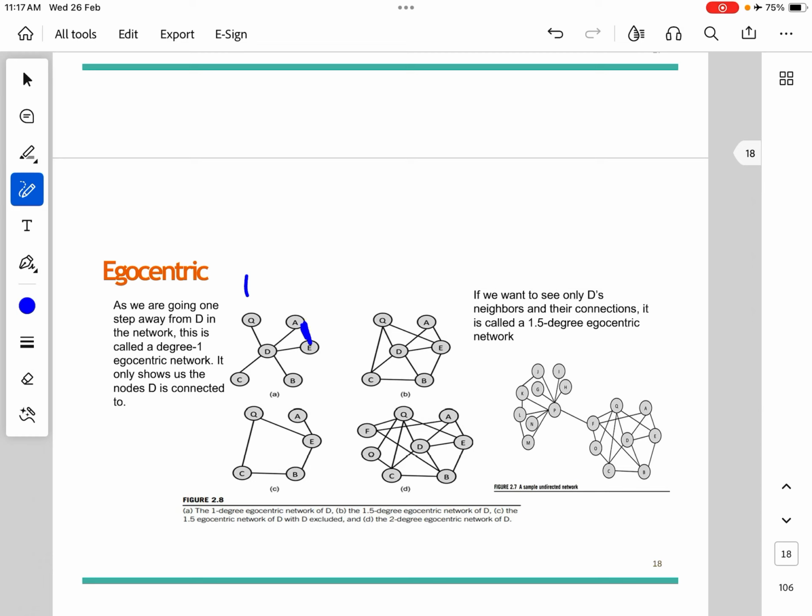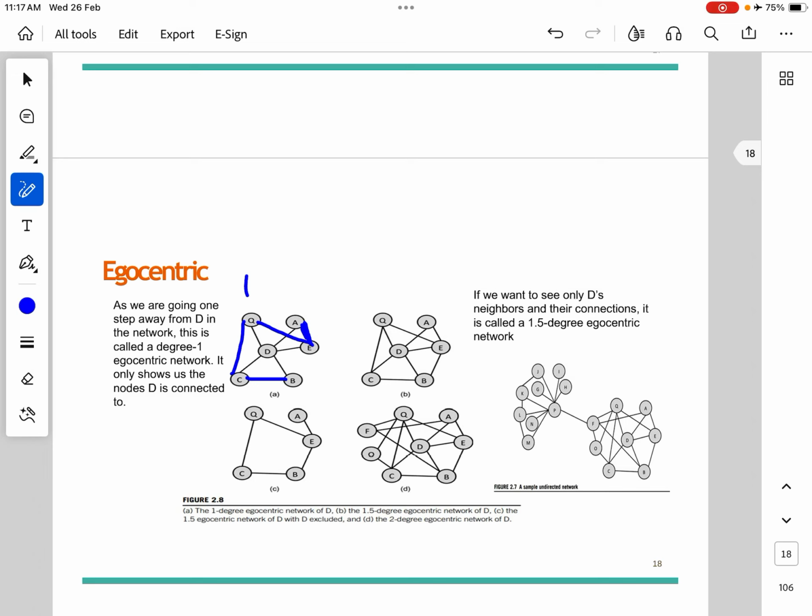Next, Q is connected to C. Then C and B are also connected. Then Q is connected with E also. So this is 1.5 degree, that means connections of D and their connections internally.